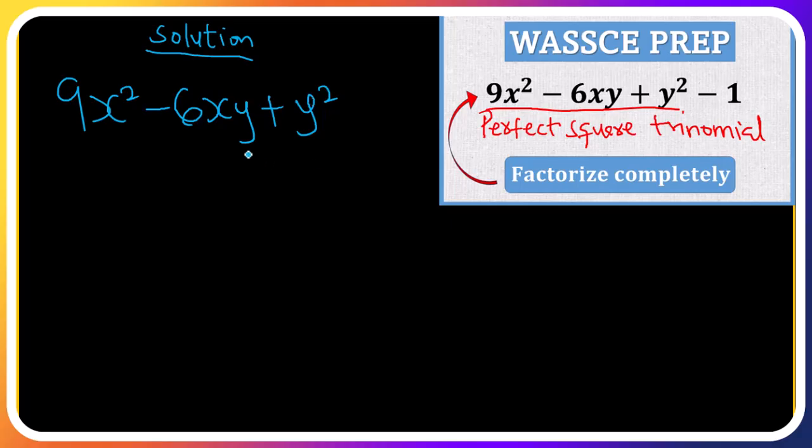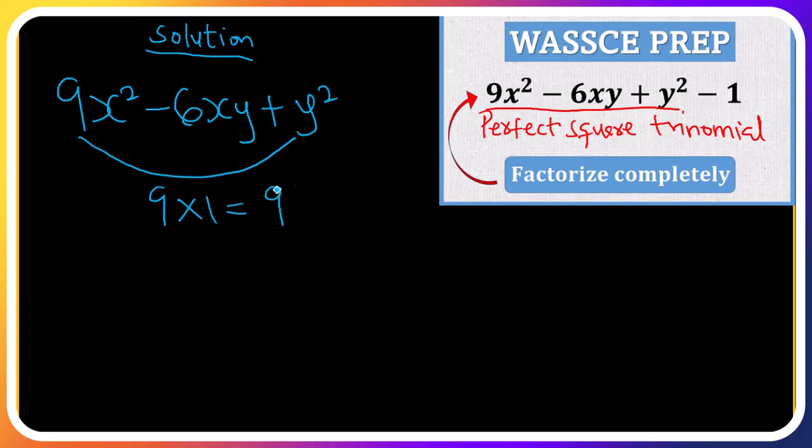Now let's move on. So we have to find the product, which is the multiplication of the coefficient of x squared, that is 9, the first term, and the coefficient of the last term, which is 1. So 9 by 1 is giving us 9.